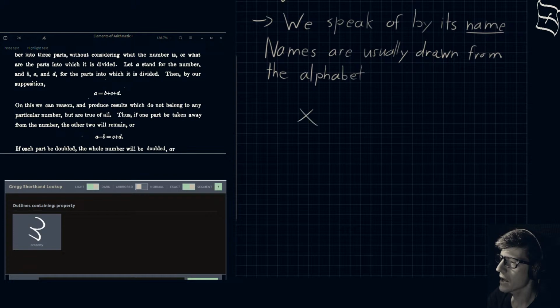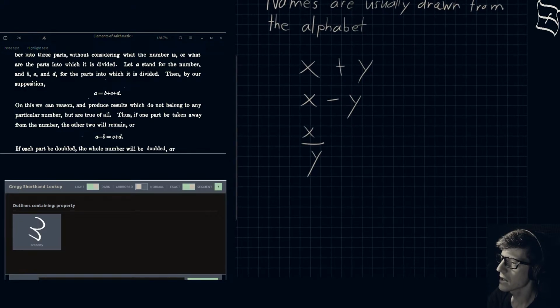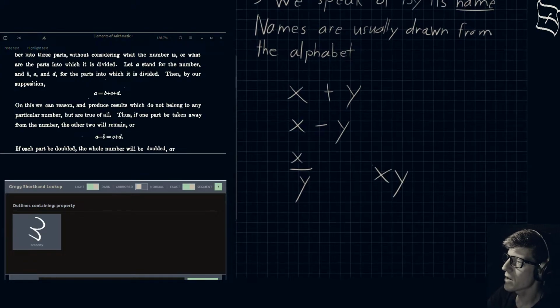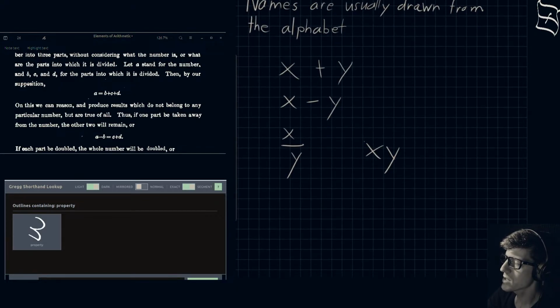Now remember, if we're talking about the name of the number in its general properties, we don't have to include the multiplication symbol. We can just have the two numbers next to each other, and it's always understood that we are dealing with multiplication.